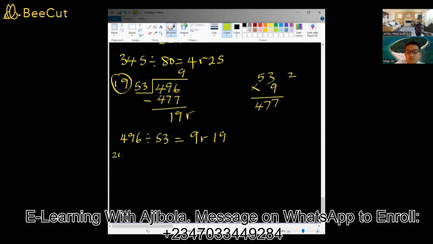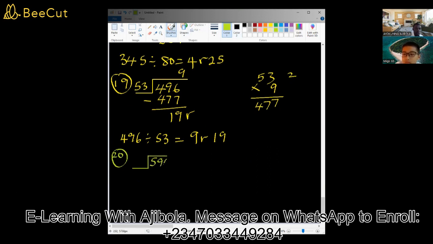Number 20. We have 590 divided by 70. Fine. 590 divided by 70. So this is 5.